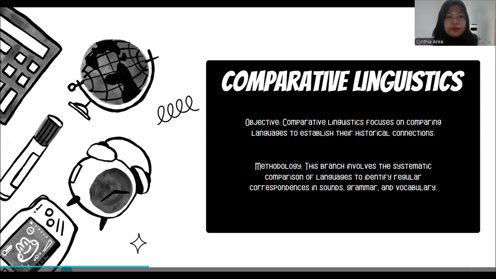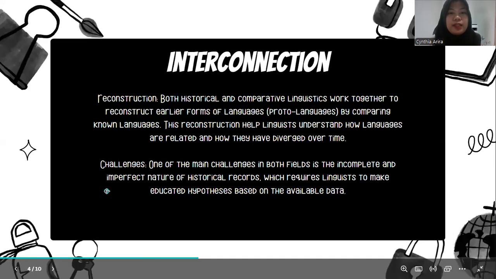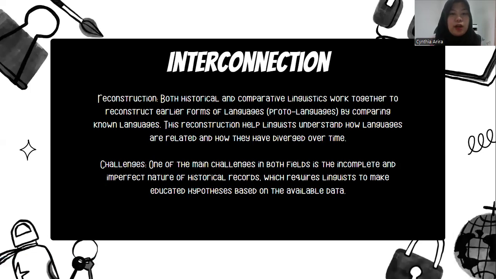So, next is interconnection, or working together. Both historical and comparative linguistics work together to reconstruct earlier forms of languages, or proto-languages, by comparing known languages.